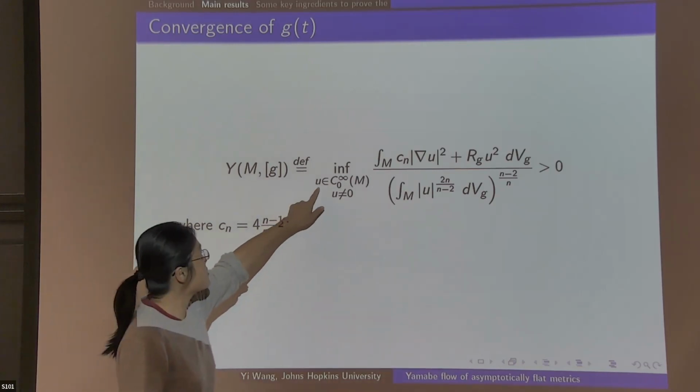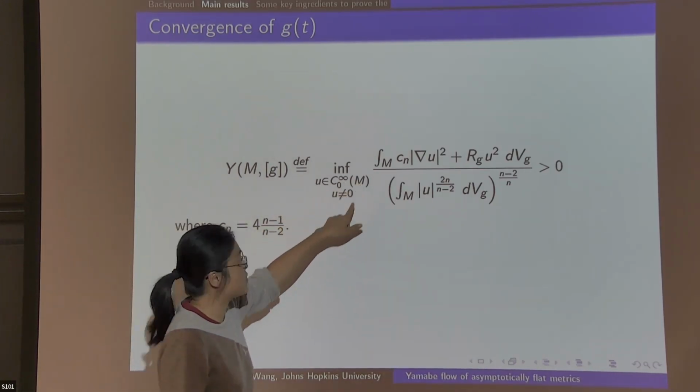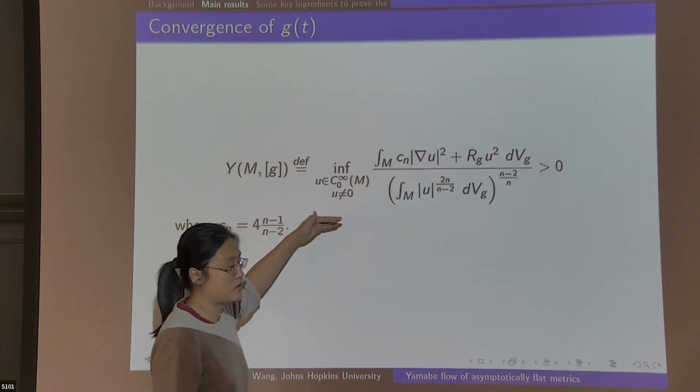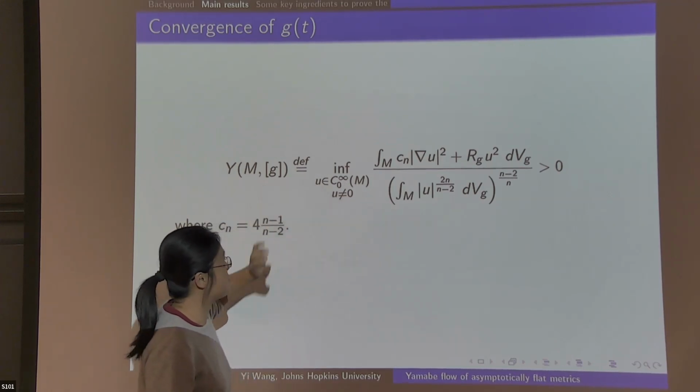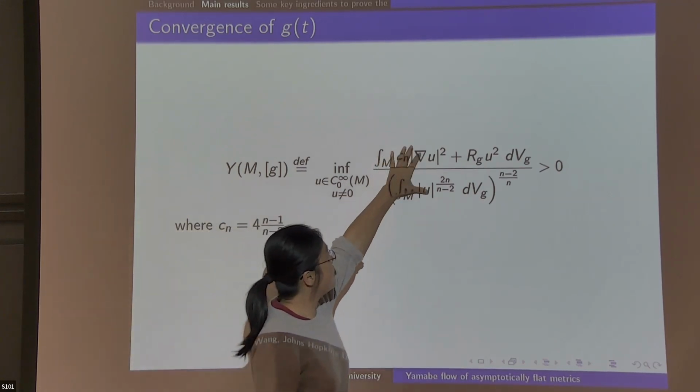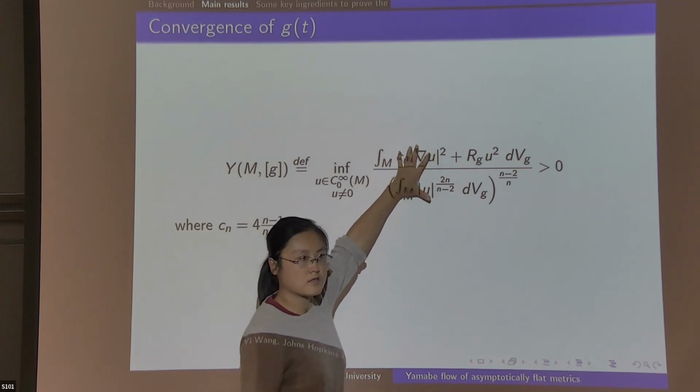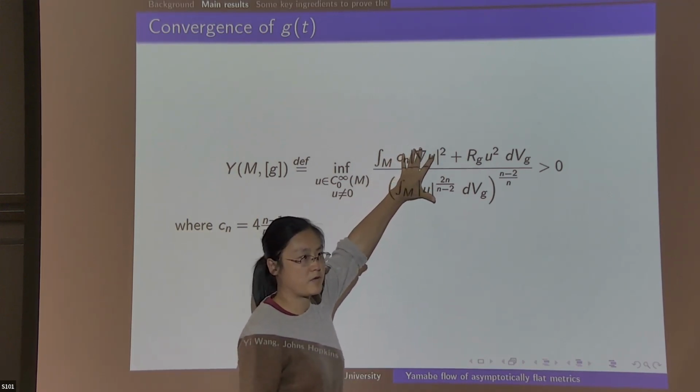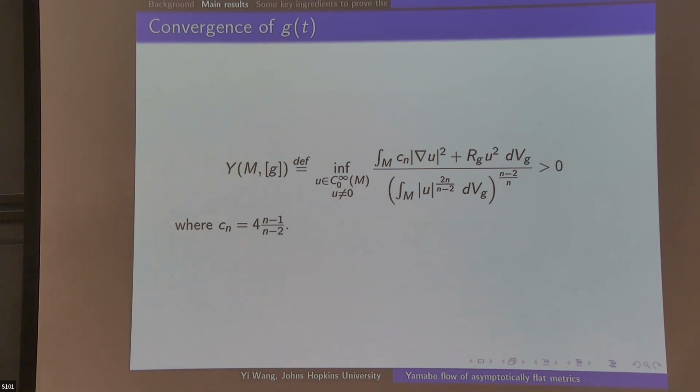So u is a compactly supported smooth function, and u is not zero, because u is going to be the conformal factor. And you take this quotient. This is the same as the expression of the Yamabe constant.